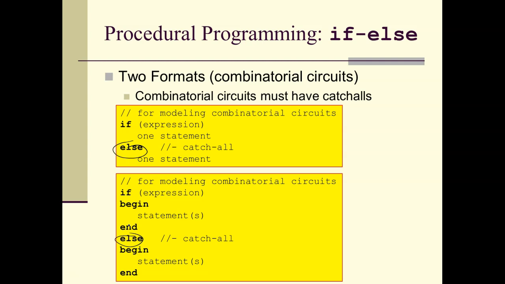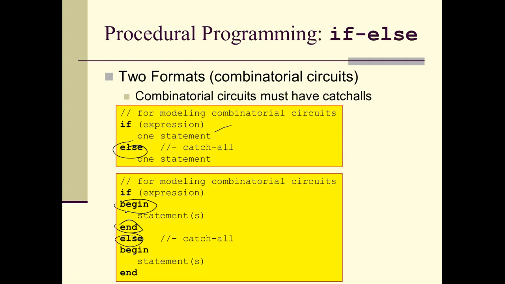But using an else, not always required, you should do it because it provides a message to the human reading this that you're modeling a combinatorial circuit. So, this Verilog is very much like C. I don't need to put begin and end for these if and else clauses, but I usually do.